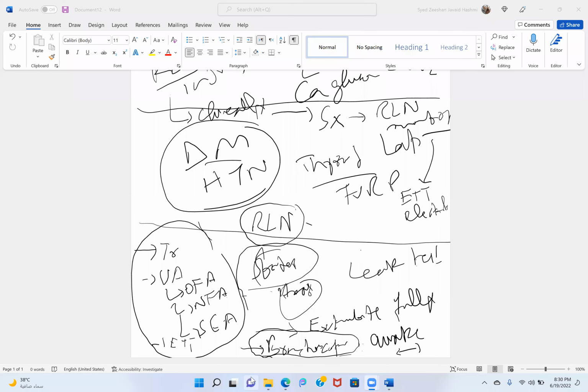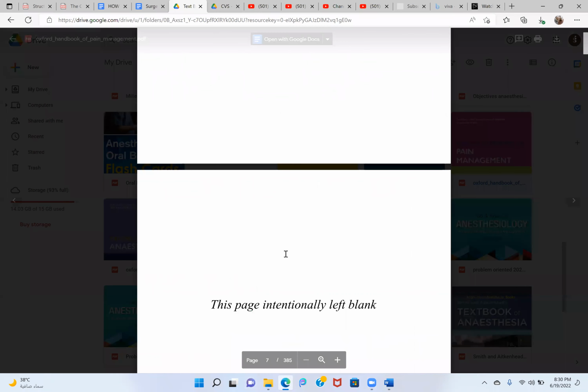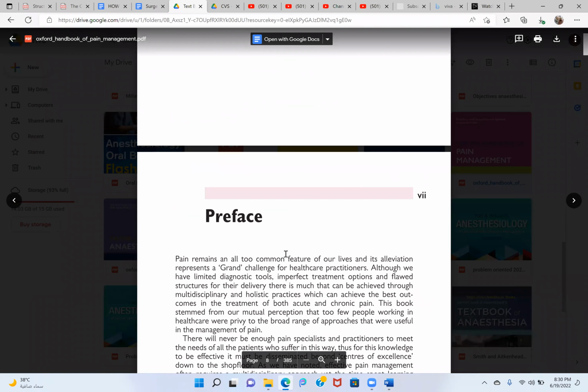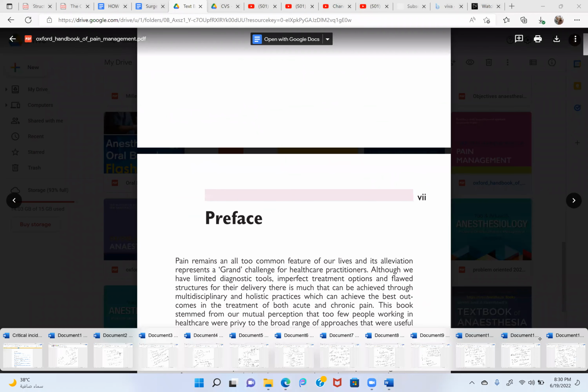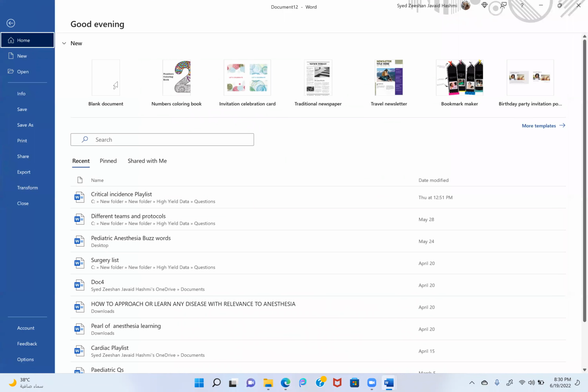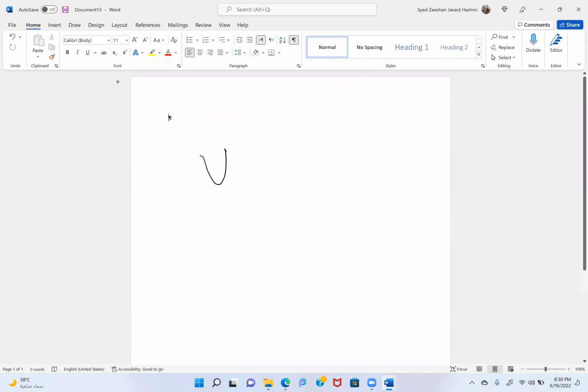Isn't it for children only? Visual analog one can be for anyone. Numerical rating score 1 to 10.